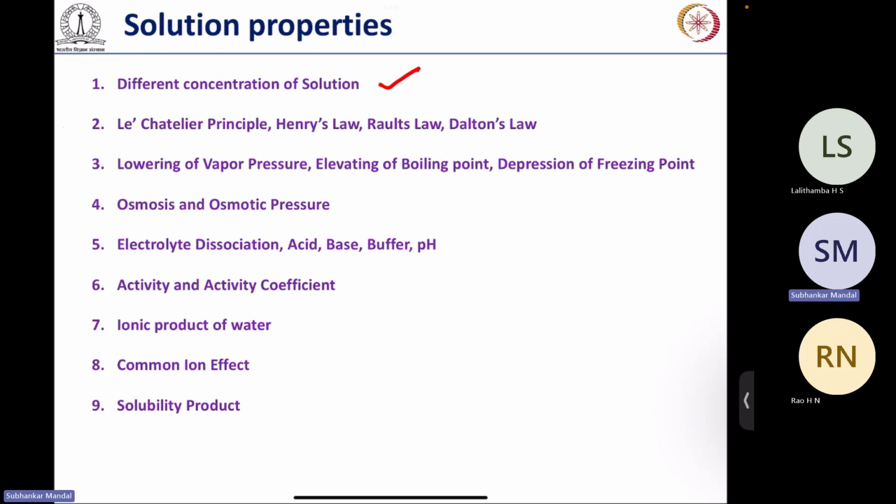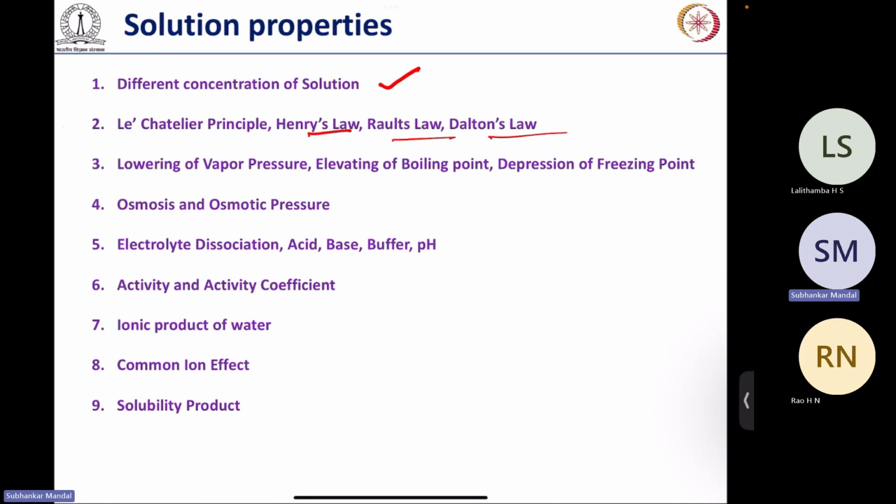So what is Le Chatelier's principle? It says that if you have a system in equilibrium and you disturb the system externally, then the system tries to minimize that disturbance. So basically if you pressurize the system, then the system responds in a way that minimizes the external pressure. After that we discussed Henry's law, Raoult's law, and Dalton's law.